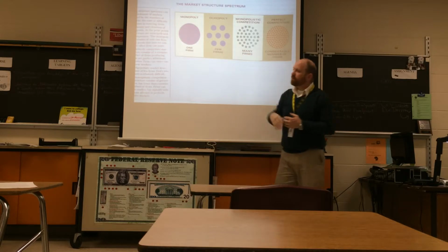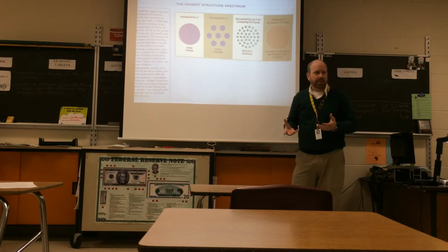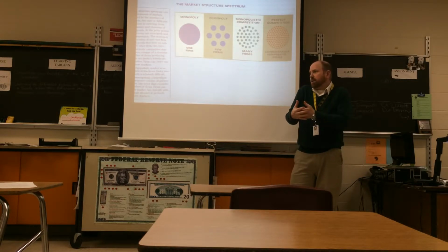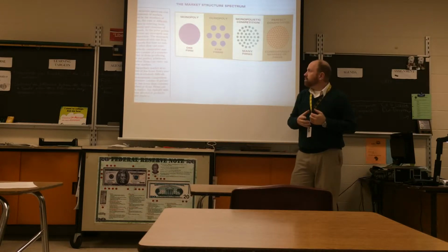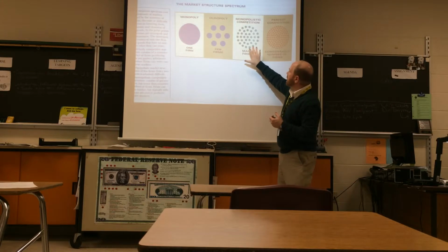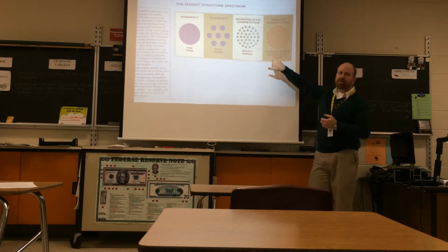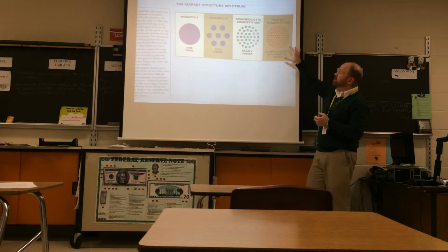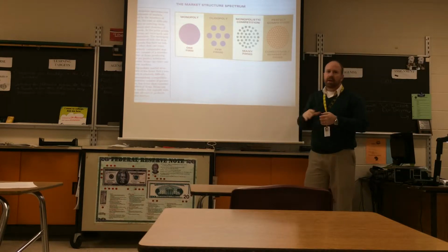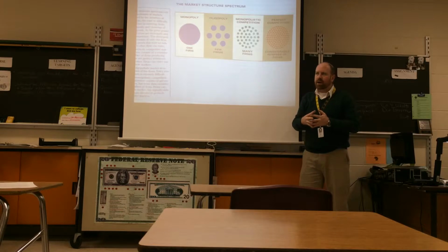Oligopoly is when it's dominated by a few firms, like airlines. There's only a few major airlines, sodas, car companies. They dominate the market. There's only a few. Then there's monopolistic competition and perfect competition. In both cases, there's a large number of firms. The big difference is that in perfect competition, they create identical products.